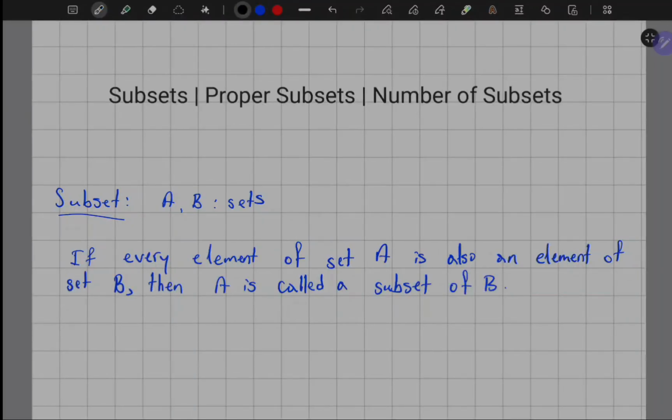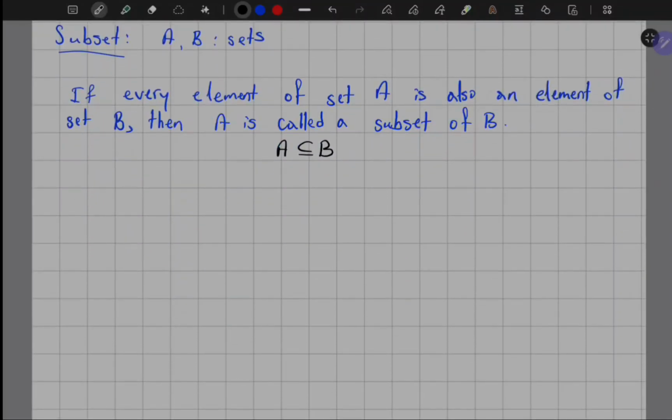This relation is denoted by A is a subset of B, and mathematically we can define this as for all x in A implies x in B, which means for all x in A implies x is an element of B. So this is a mathematical definition of a subset.